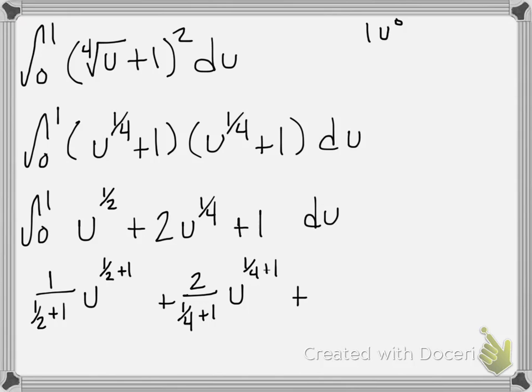So that is going to end up being 1 over 0 plus 1 u to the 0 plus 1. And of course that is going to give us our u, and the du goes away since we just took the antiderivative of that, and we're evaluating that from 0 to 1.